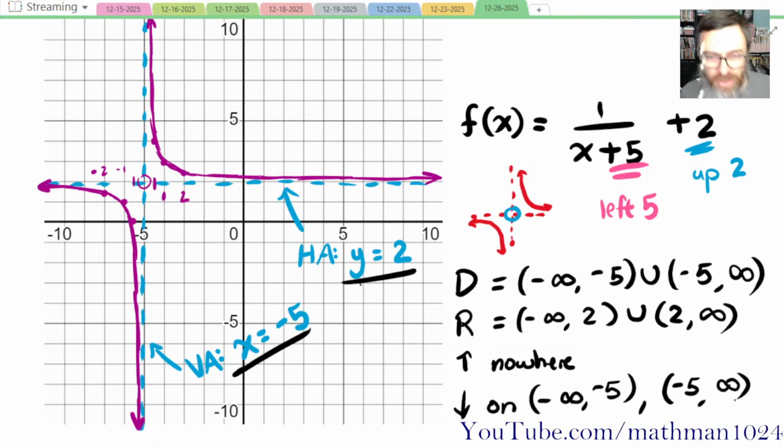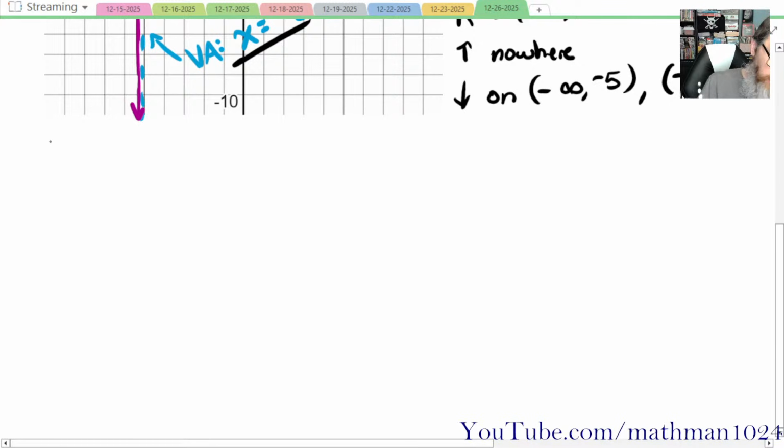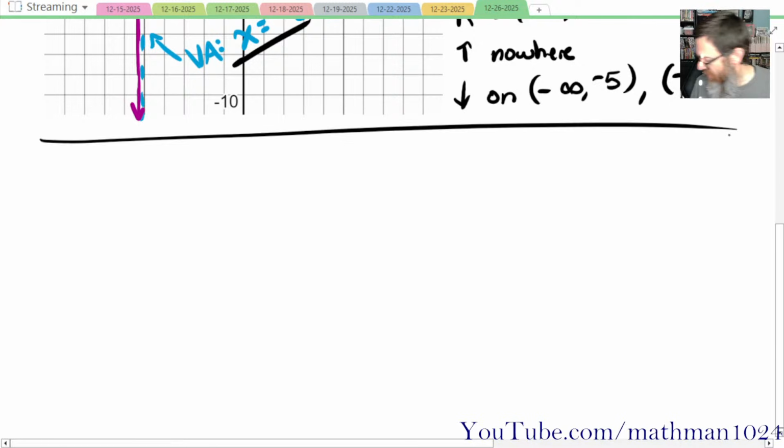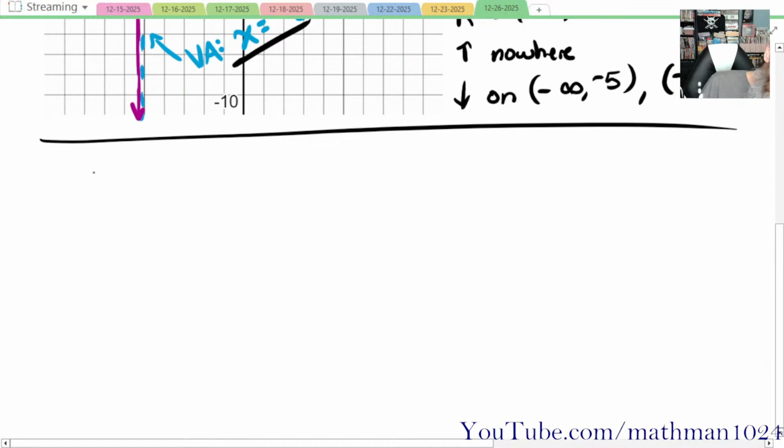Now, let me show you the kind of question that I might like to put on a test. Because if we understand how the +5 and the +2 mean horizontal and vertical shift, it doesn't matter how big these numbers are. So suppose I do this.